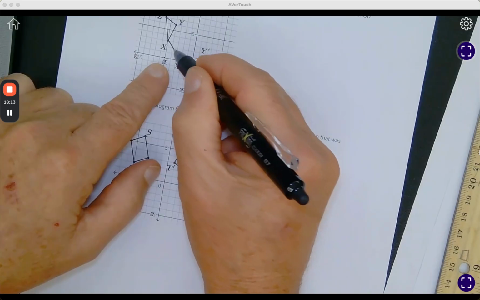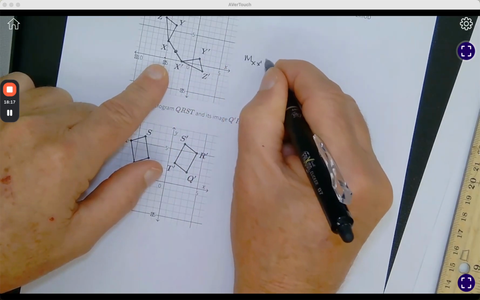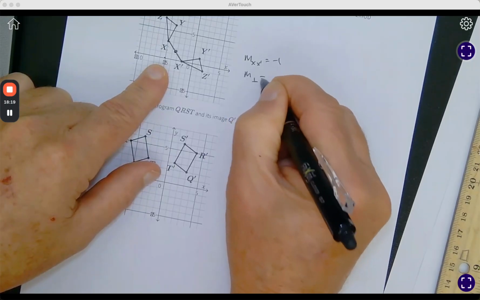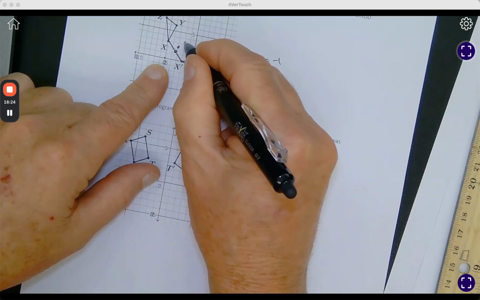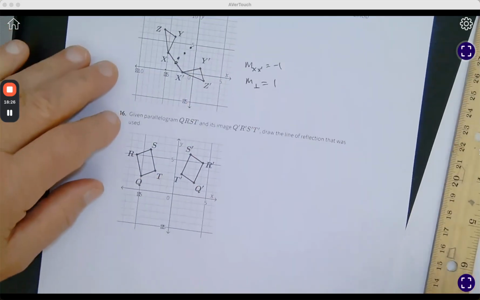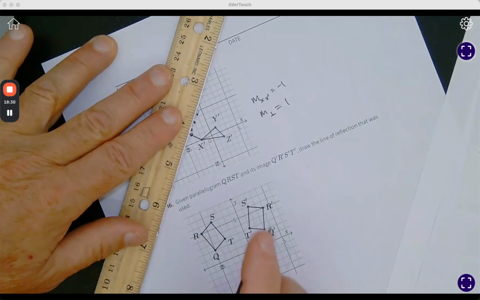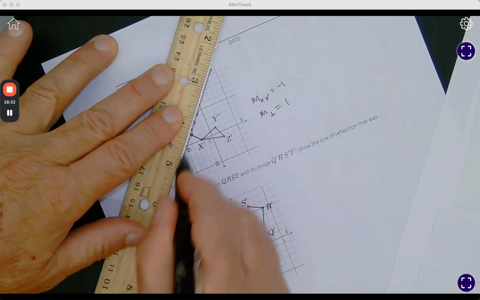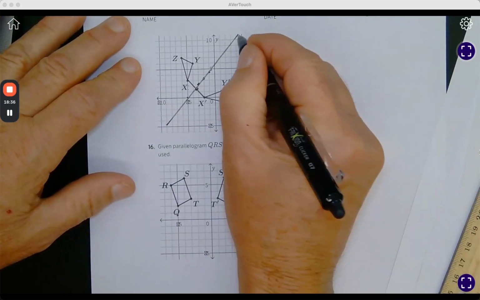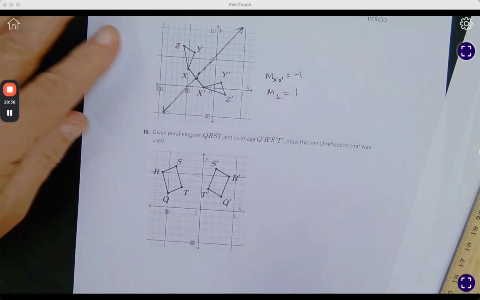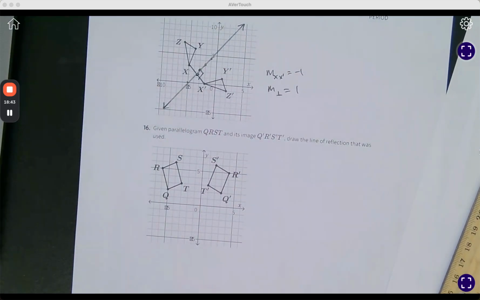So the slope of that is -1. So the slope of a perpendicular is 1. From there I'm going to go up 1, over 1, up 1, over 1, up 1, over 1. Draw that line, and that is my line of reflection. They didn't want me to actually calculate it, they just want me to draw it. Notice how that creates a 90-degree angle, that right angle right there.